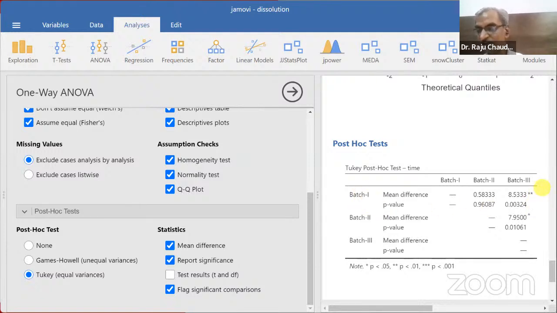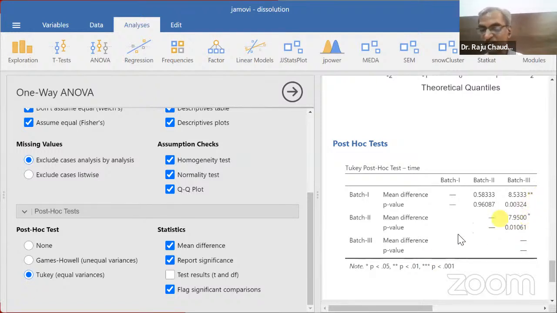For 1 and 3, the p-value is 0.003, which is less than 5%, right? That means there is a significant difference. Same way, for 2 and 3, the p-value is 0.01, which is less than 5%, right?